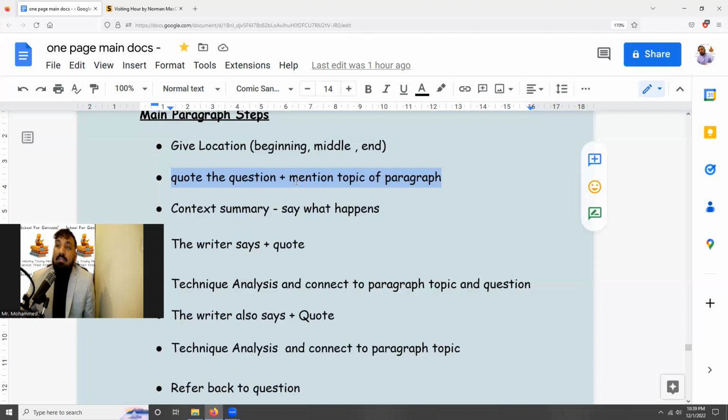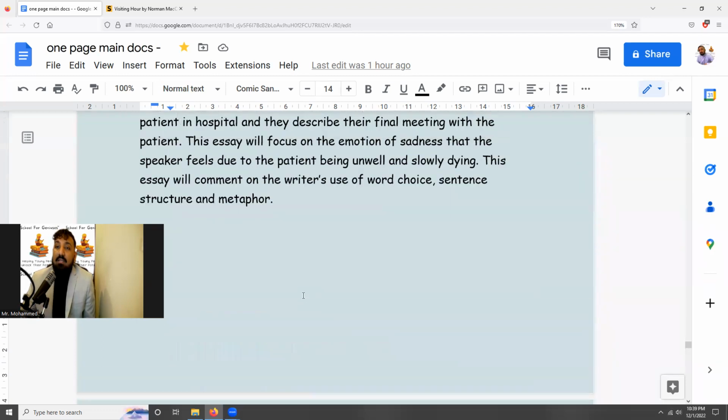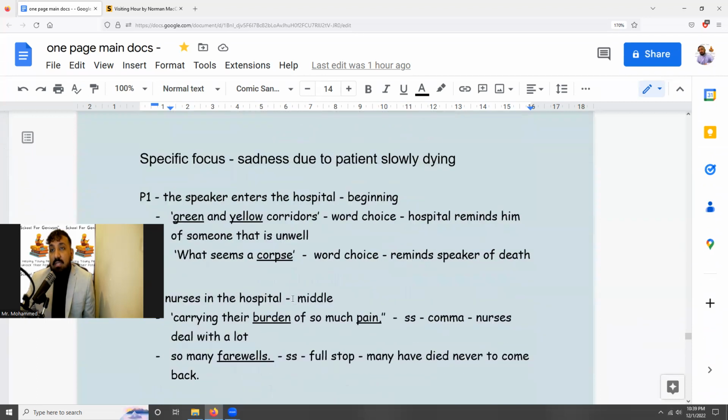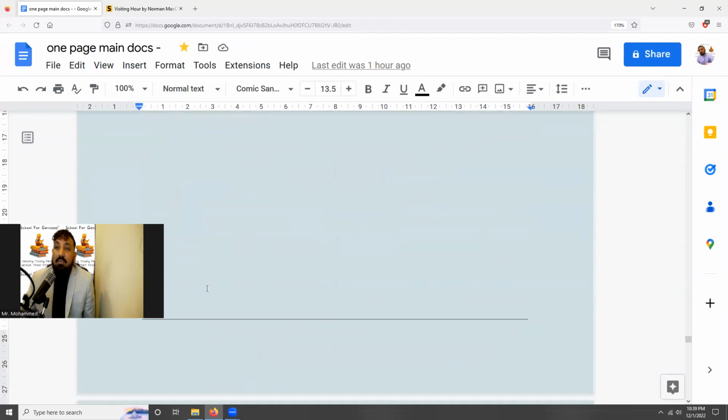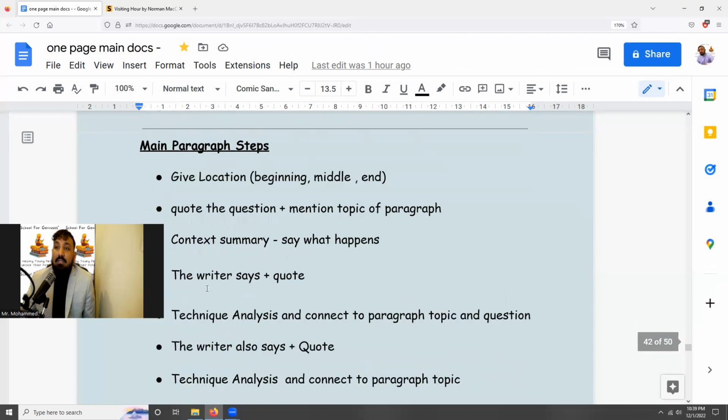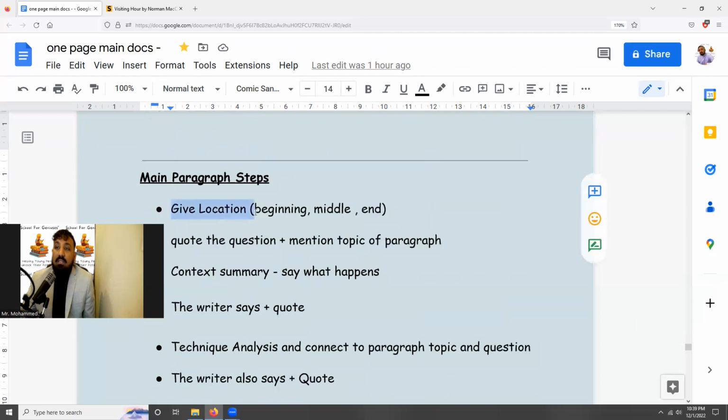And then we mention the topic of the paragraph. Again, this is the beautiful thing about the essay plan. It literally tells us exactly what we're going to write. So we just mention the topic: at the beginning of the text, we see the powerful emotion of sadness when the speaker describes entering the hospital, topic of the paragraph.